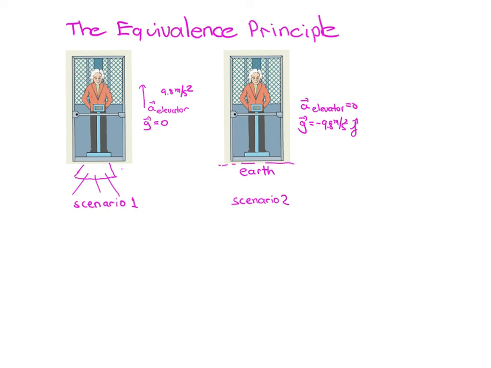Einstein developed his theory of general relativity, published in 1916 or so. And it made a prediction that when light travels in a strong gravitational field, it should bend.